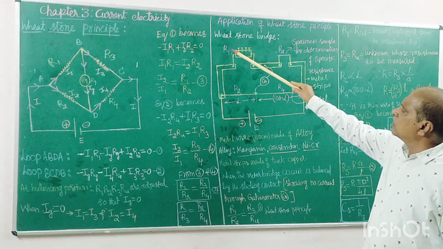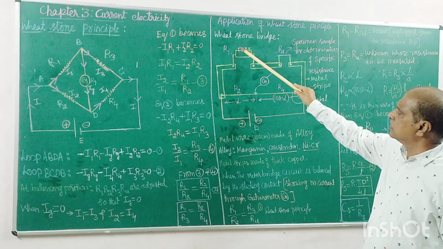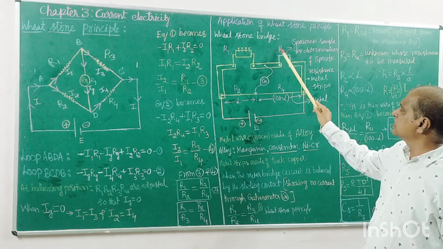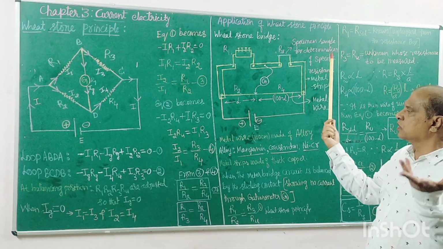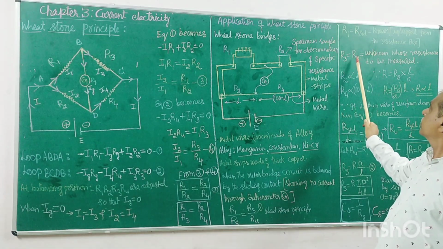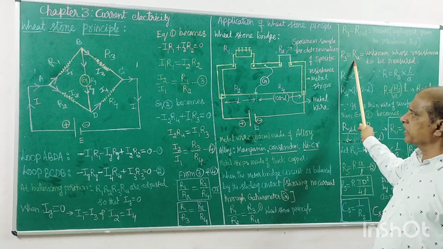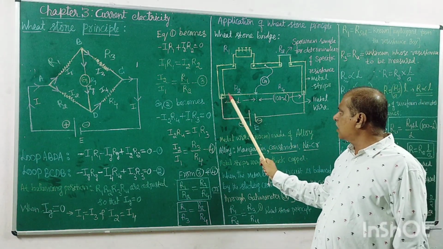Now R1 is unplugged, it is standard. What is R3? The resistance which we do not know, that is Rx, to be determined. And what is this R2?